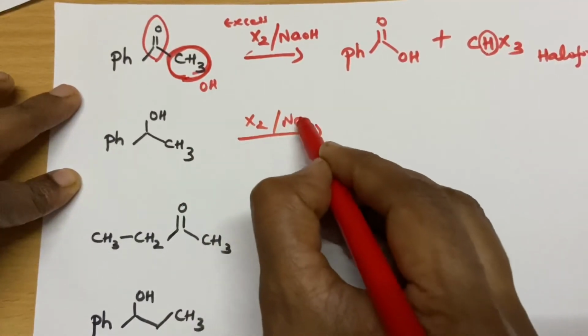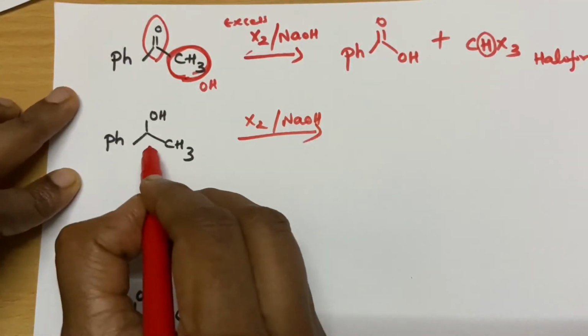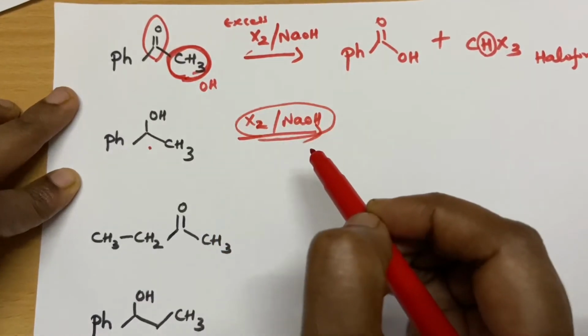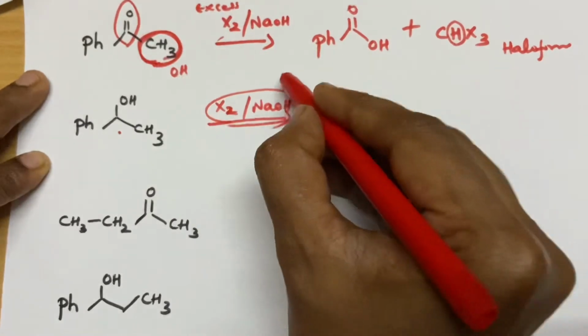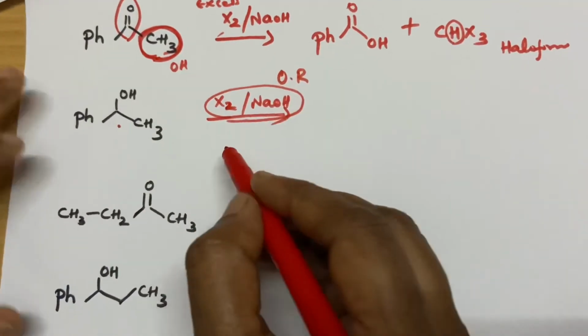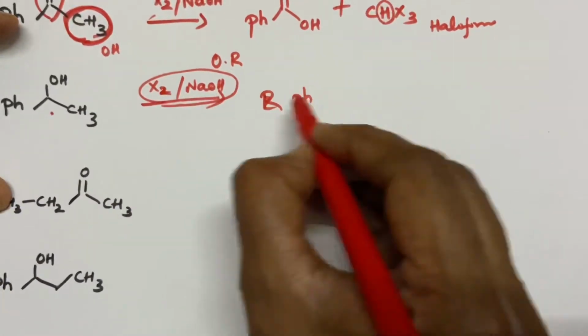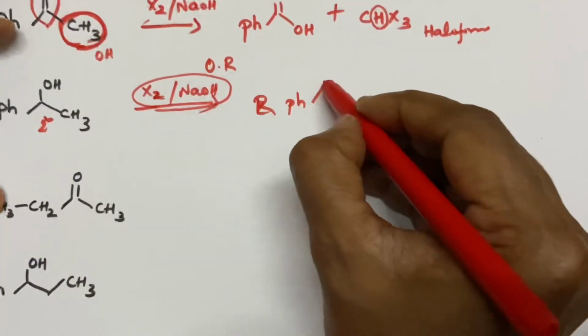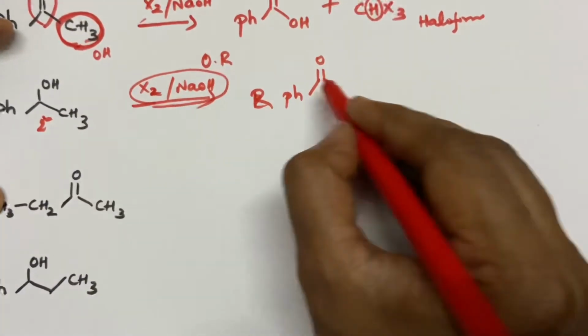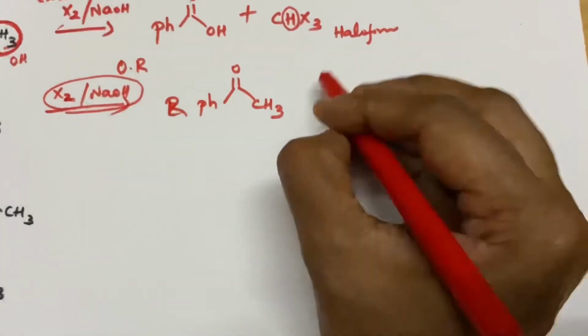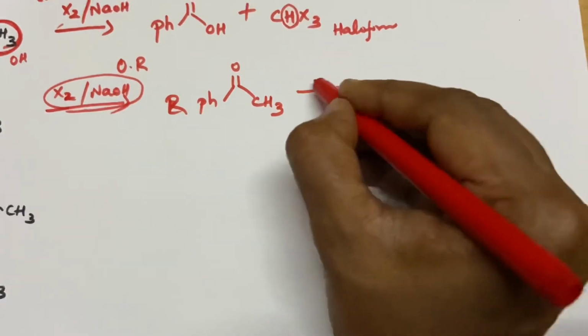Don't get confused. This is a secondary alcohol, and the halogen in the presence of sodium hydroxide is basically an oxidizing reagent. So the first step, what happens? Your secondary alcohol would get directly converted to the corresponding ketone. Then after converting to ketone, your haloform reaction happens.